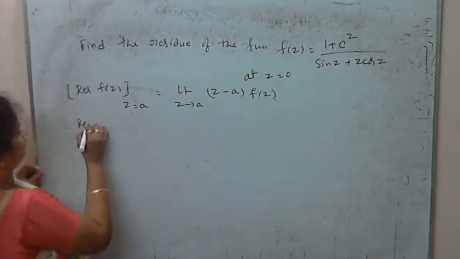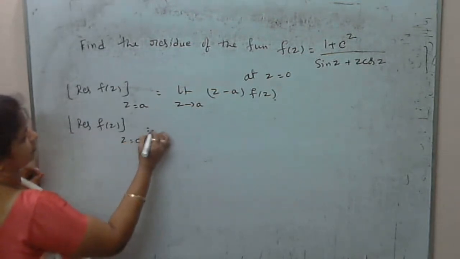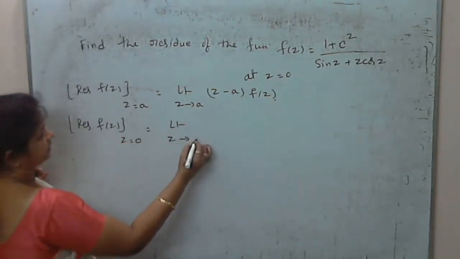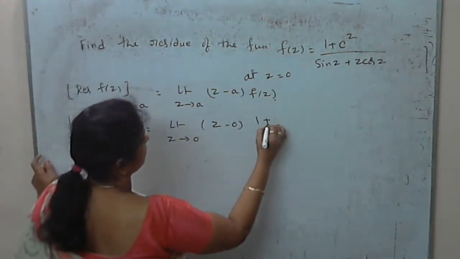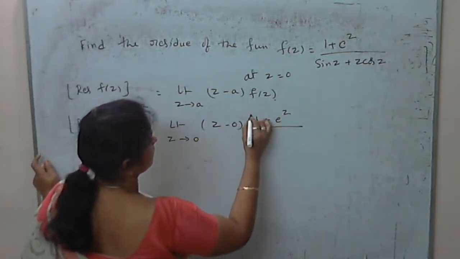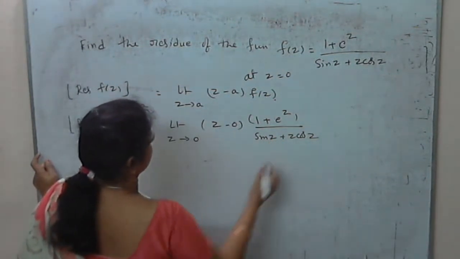So residue of f of z at z equal to 0 is limit z tends to 0, z minus 0, f of z.